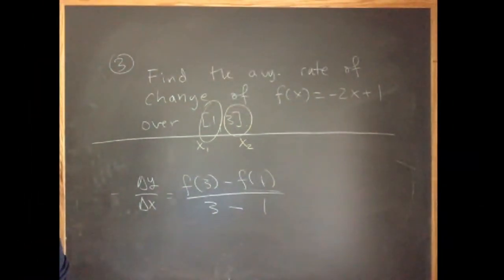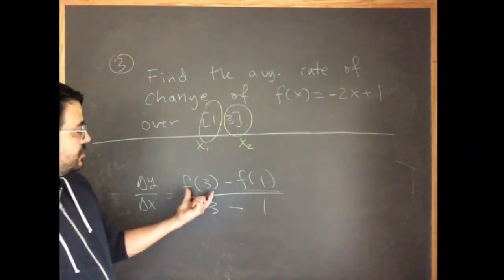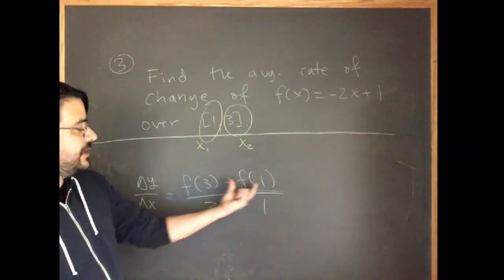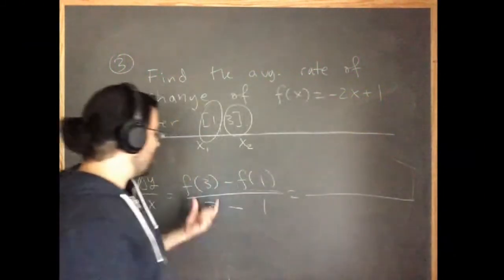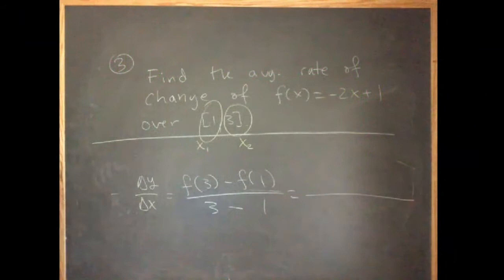Okay, I'm just plugging in x2 and x1 into that formula that I had up for the average rate of change. Okay, so now we can use the formula to compute f of 3 and to compute f of 1. Okay, so in the chat, compute f of 3 for me, and post your answer. What do you get for f of 3?